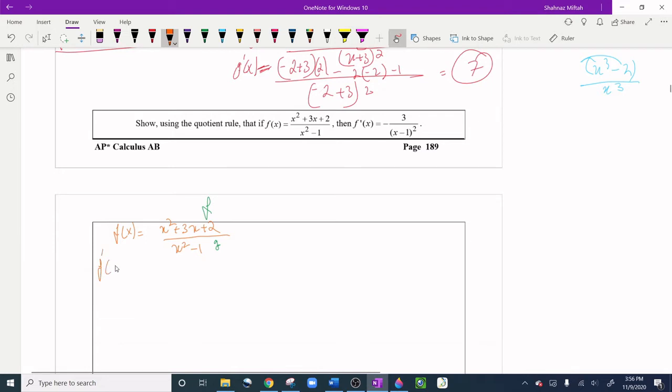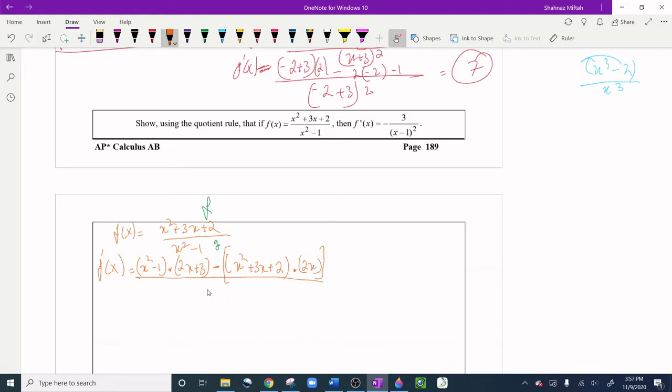So f prime x equal g is going to be original as it is, x squared minus 1 in parentheses, times the derivative of f, which is 2x plus 3 in the parentheses, minus, keep the f as it is, so x squared plus 3x plus 2, again the bracket, always do not forget bracket when you have a subtraction sign, close it, times g prime, which is 2x, and close the parentheses.